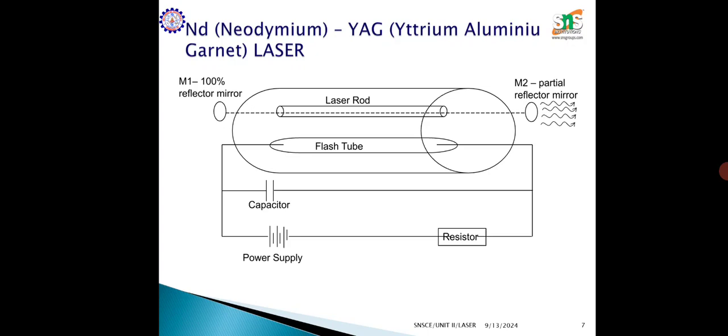Working is as follows: if we switch on the flash lamp, that light will be absorbed by the atoms present in the laser rod, and they move from the ground state to the excited state. Here the neodymium atoms move from the ground state to the excited state.